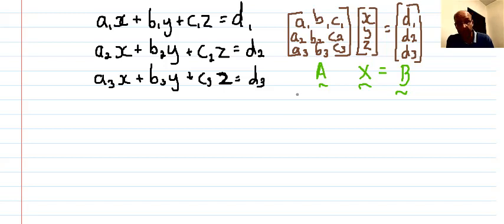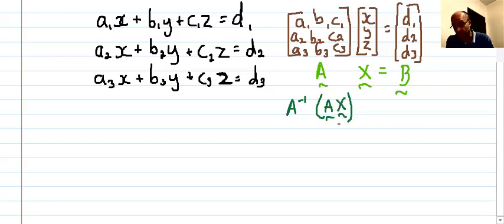Now, given that there is an inverse to A, we can pre-multiply by A inverse. If we have our AX, I'm just going to put some arbitrary brackets around them. We would have to pre-multiply this side by A inverse, and that would come out as so.